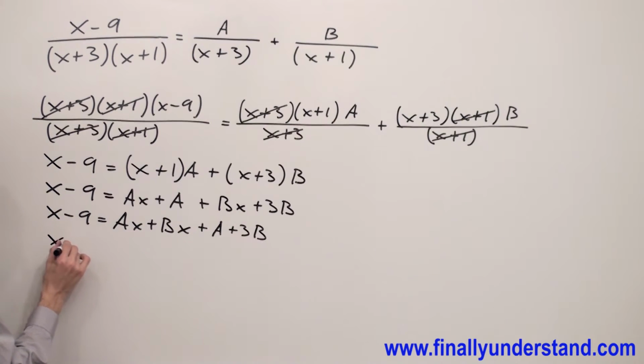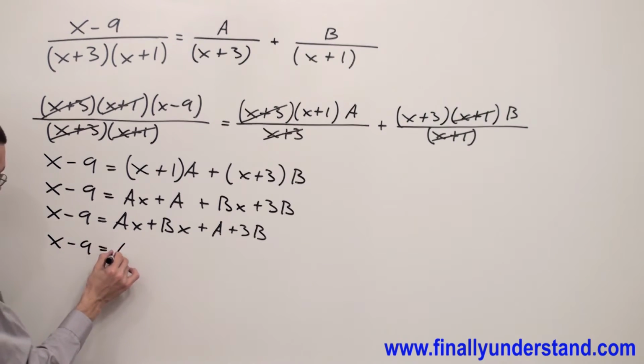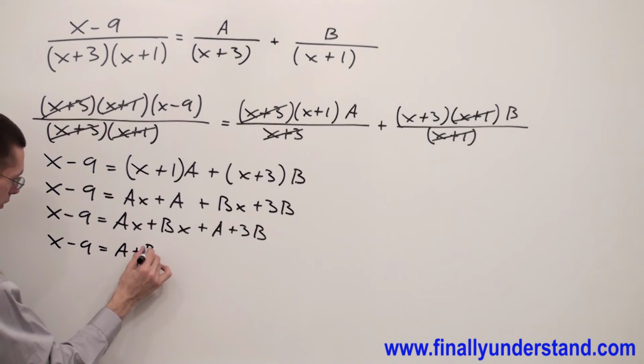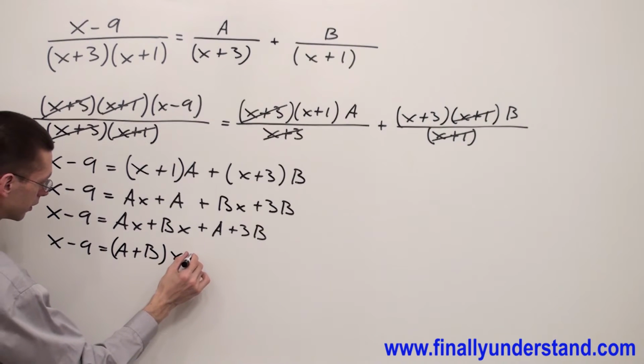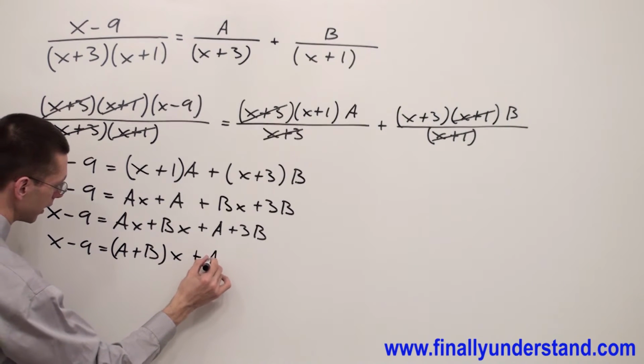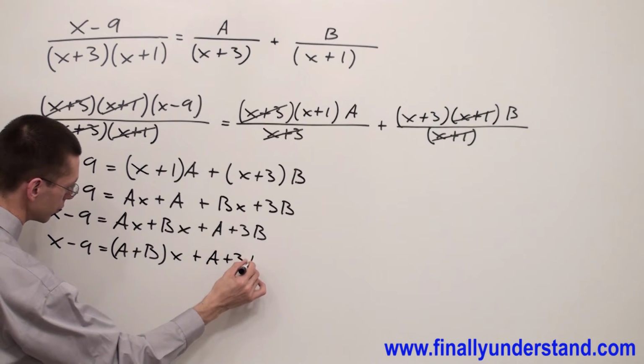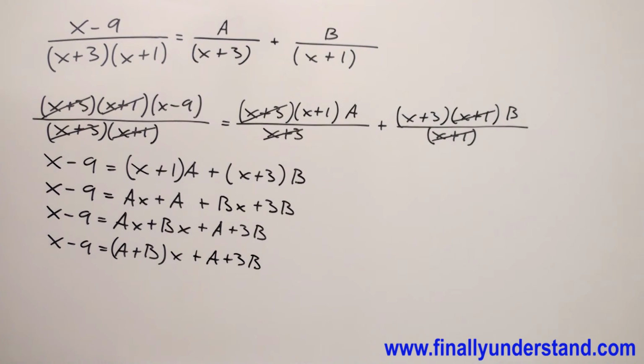Next, I'll factorize x. I have x minus 9 is equal to a plus b, x, plus a plus 3b. Keep in mind that the left side of the equation has to be equal to the right side of the equation. That's why the coefficients of x are supposed to be equal and the constants are supposed to be equal.